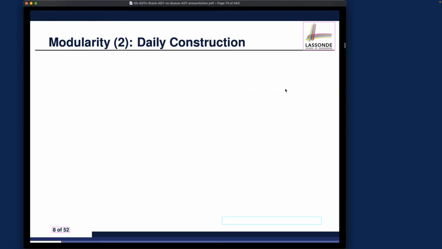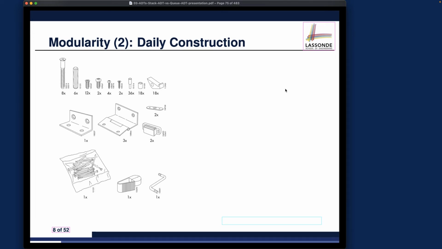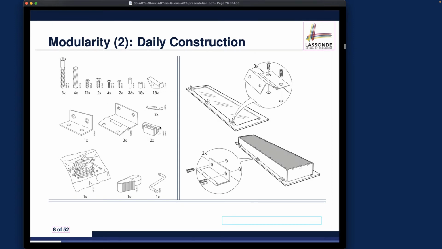The next example I would like to talk about is daily construction. For those of you who maybe live on your own, or whenever you do any DIY for your furniture, you must know IKEA, right? The interface specification for individual modules will be the pieces that you can actually use. Every time you unbox your purchase from IKEA, you definitely have to know what exactly is included, and somehow you want to put them all together into some nice masterpiece, right?